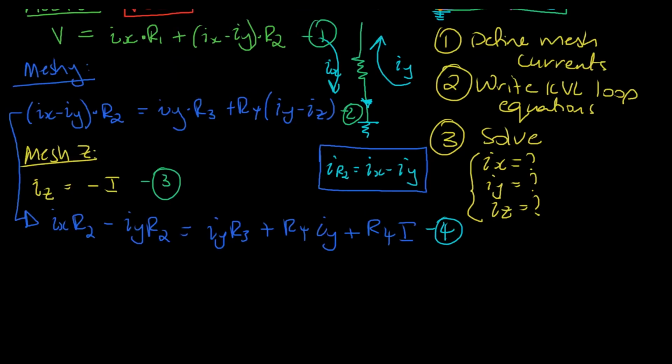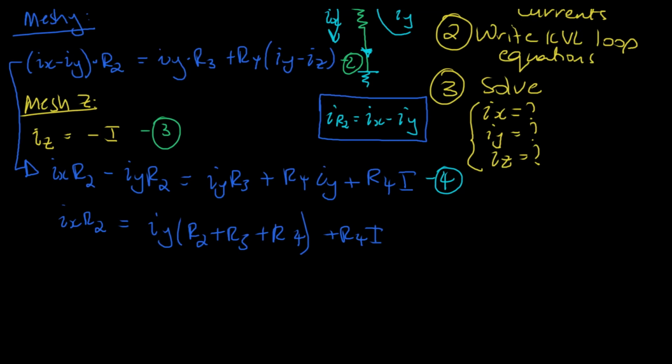Grouping these equations in terms of Ix and Iy is a very handy step when doing substitution, so let's do that. Getting all of my Ix terms to the left-hand side and all of my Iy terms to the right-hand side with any other constants, we get the following. Ix R2 equals Iy out the front of R2 plus R3 plus R4 plus R4I.